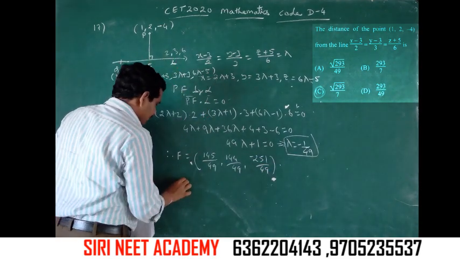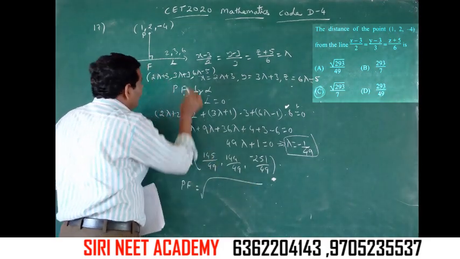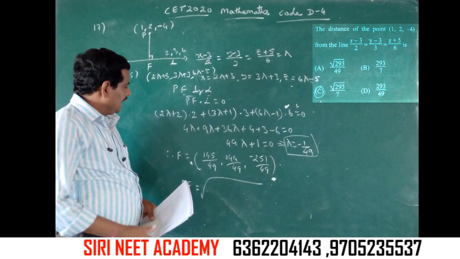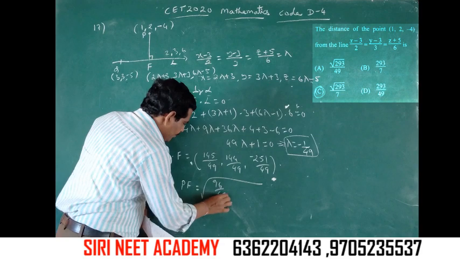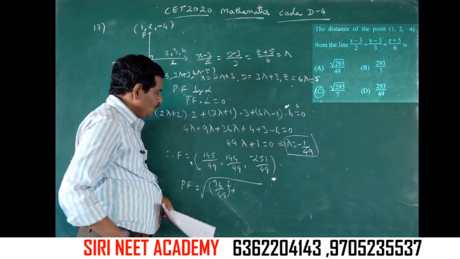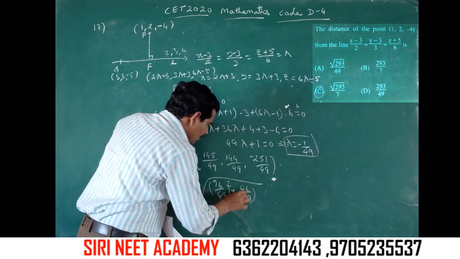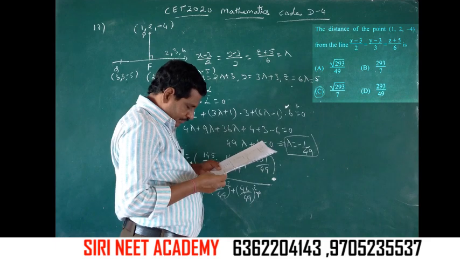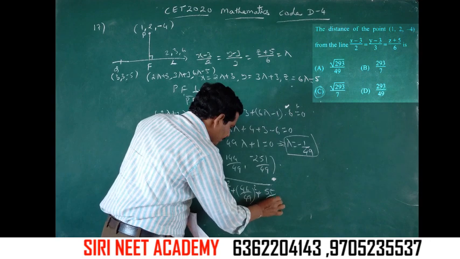So we want the distance of P from them. Distance function: root of x2 minus x1 whole square. So 145 by 49 minus 1 results in 96 by 49 whole square. 144 by 49 minus 2 results in 46 by 49 whole square. Similarly, the last one is 55 by 49 whole square.